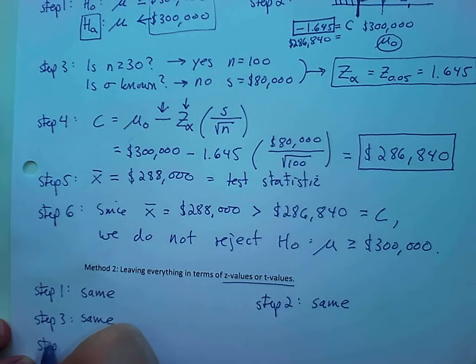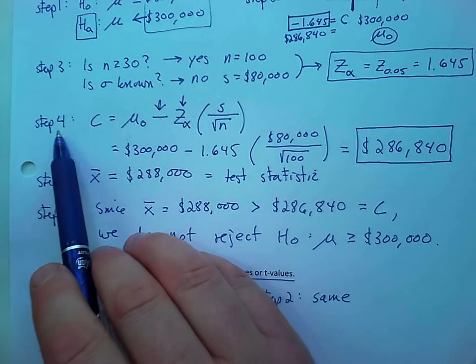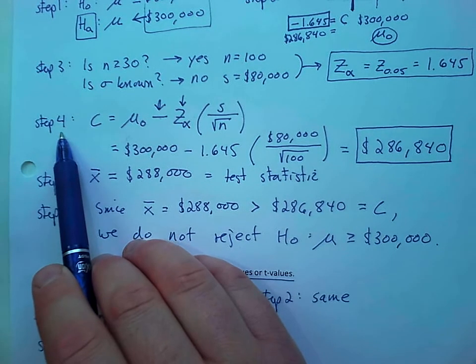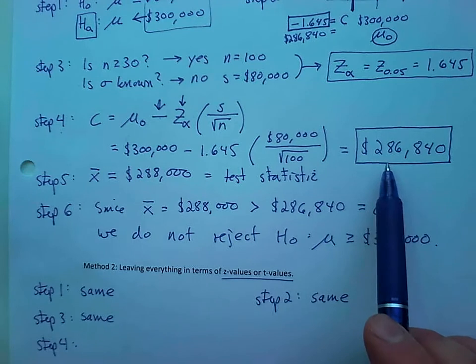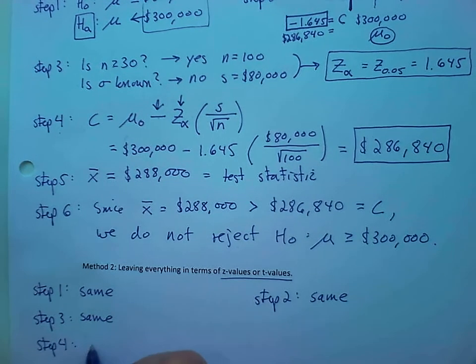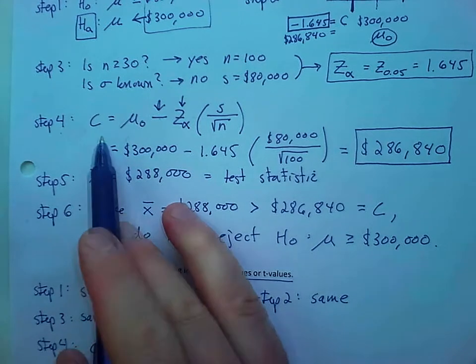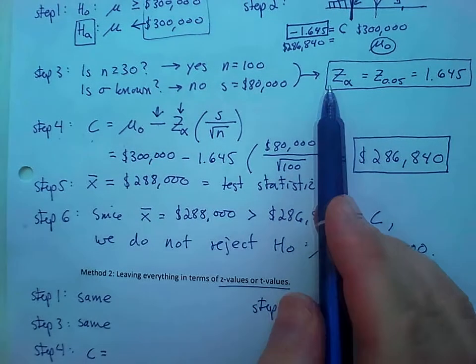What about step number 4? What changes about step number 4? Well, in step number 4 for method number 1, we converted everything to units of the problem. Here the units of the problem were dollars, but we don't want to convert stuff to the units of the problem. Here we want to leave everything in terms of z or t values. So therefore, we're going to say that the left-hand side critical value is just going to be a z value.